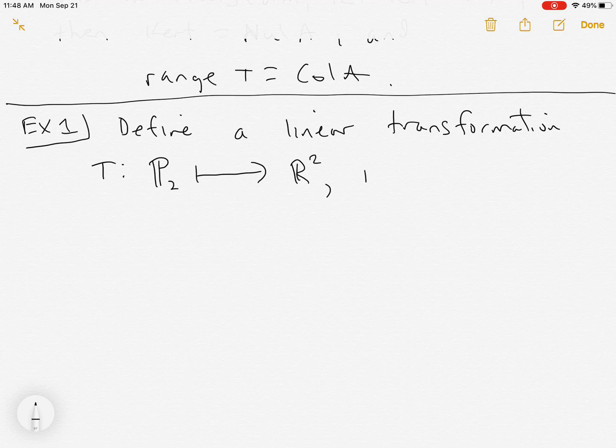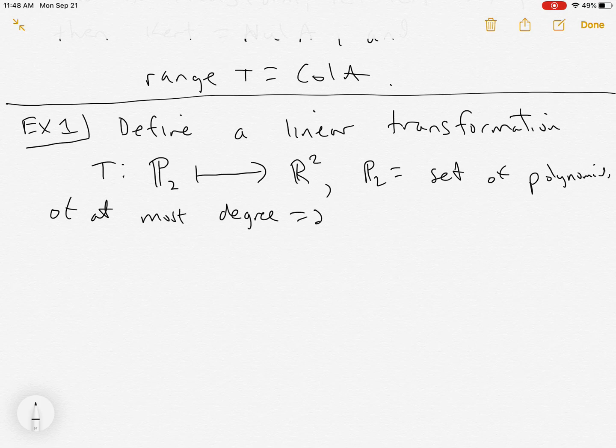And remember, P2 is the set of polynomials of at most degree 2. It's one of my favorites, right? And what we're doing here is we're taking quote unquote vectors in P2 and mapping them to R2.